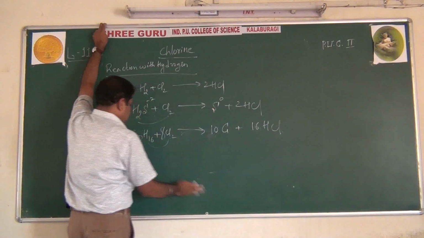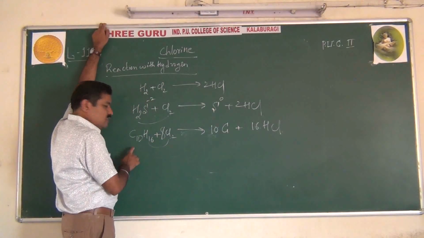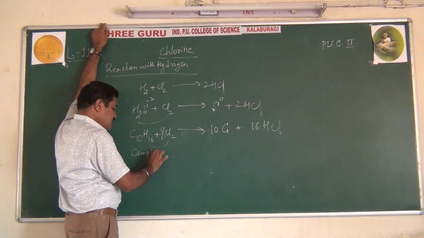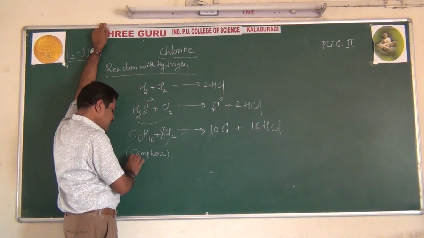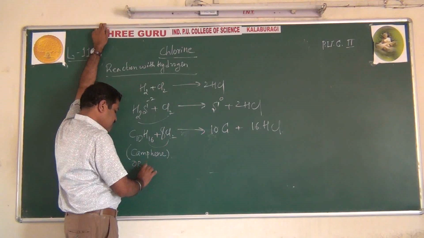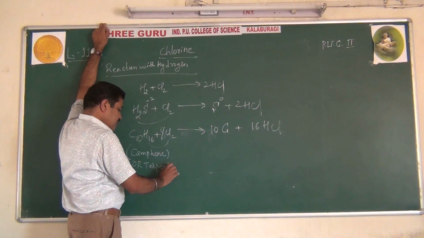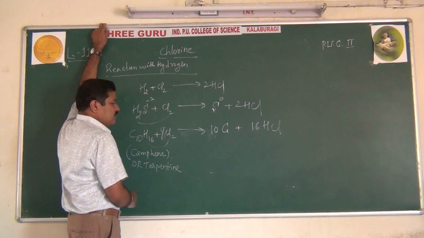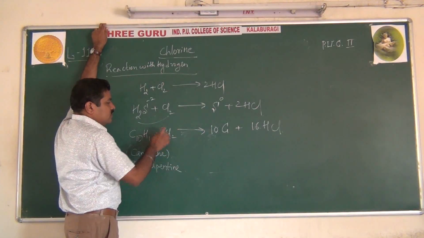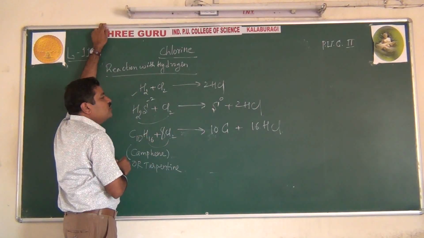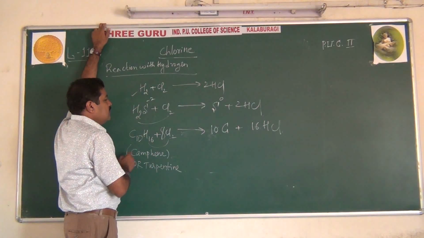That means this is called camphene, or in some books it is given as turpentine. That means chlorine reacts with the hydrogen from respective compounds to form HCl.